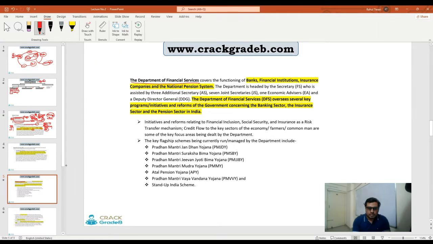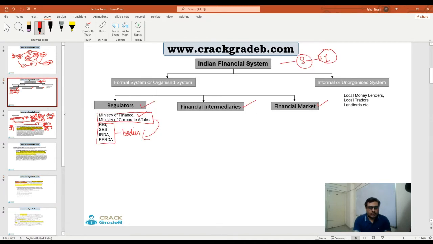The Department of Financial Services covers the functions of banks, financial institutions, insurance companies, and the national pension system, right?